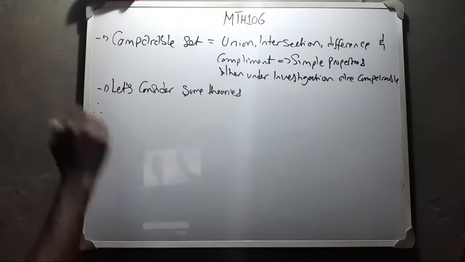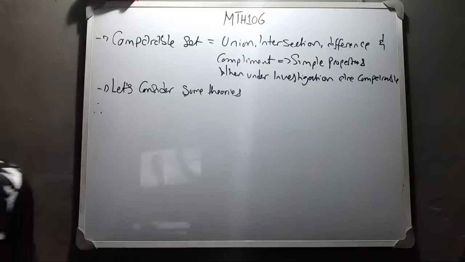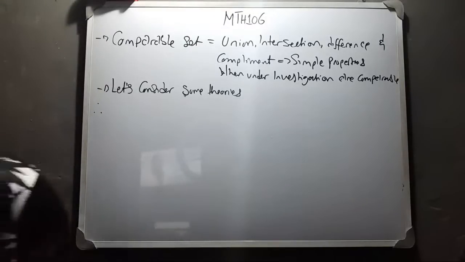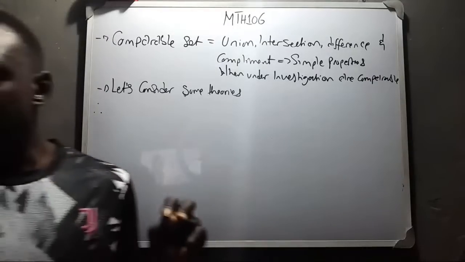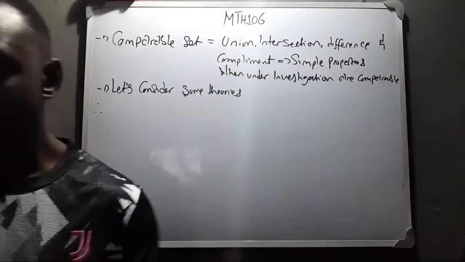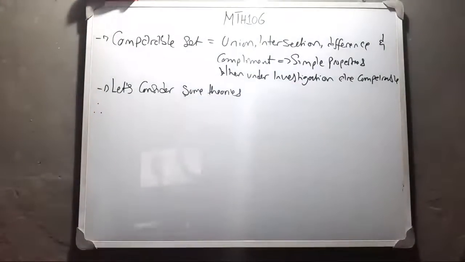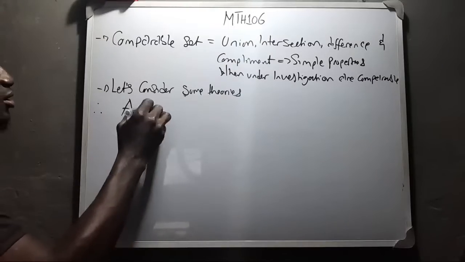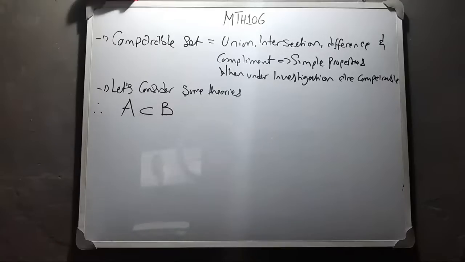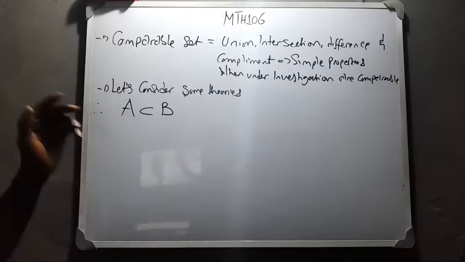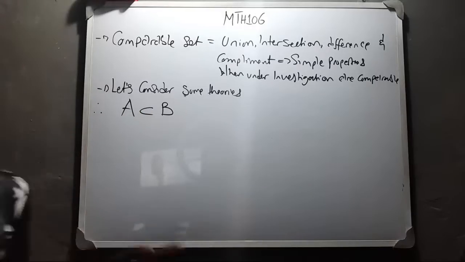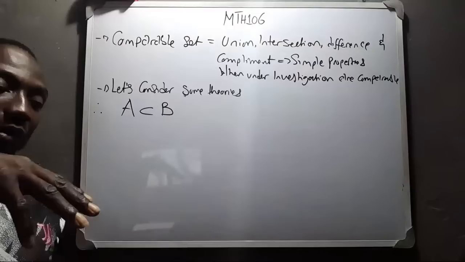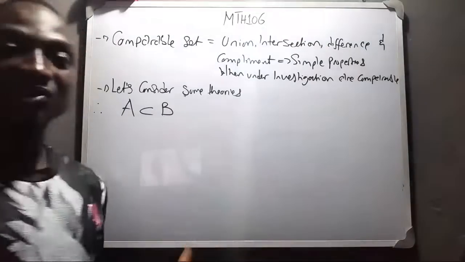Let's first look at this particular theorem, which says: let A be a subset of B, then the union of A and the intersection of A and B is precisely A. A is a subset of B, meaning that all the elements in A can be found in B. B is a set itself, but A is a sub, like a subunit.